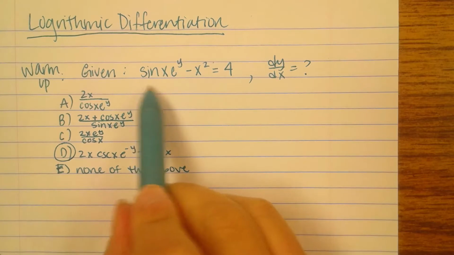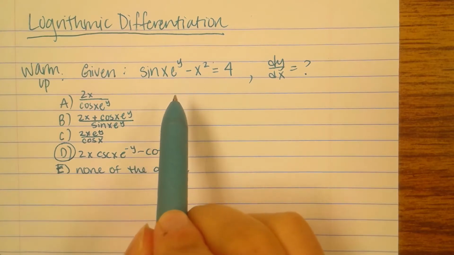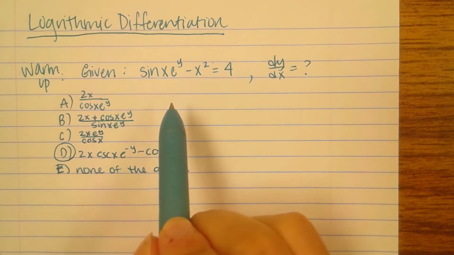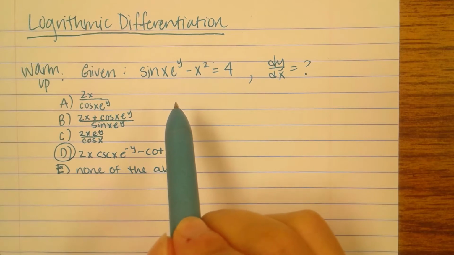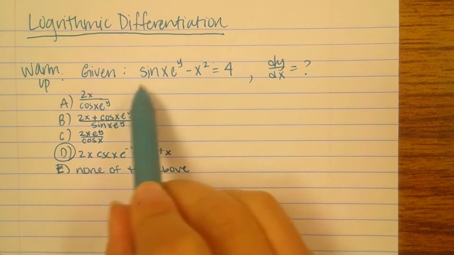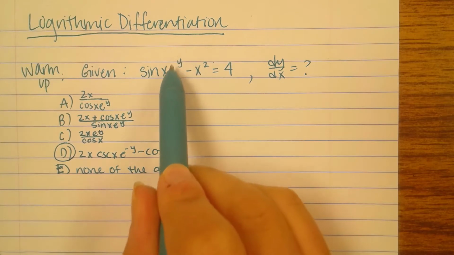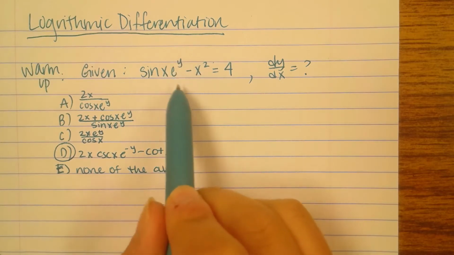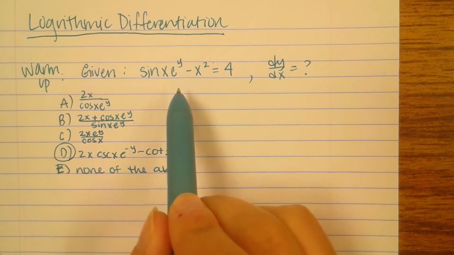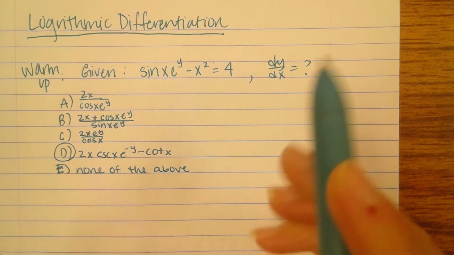So if I was dealing with this problem and I was finding this derivative, I'd have to again do this implicitly. So my first one here is a product rule because I'm dealing with sine and e, and anytime that I'm dealing with e to the y, I'd have to multiply by dy dx, using that chain rule piece to account for the fact that y is changing.